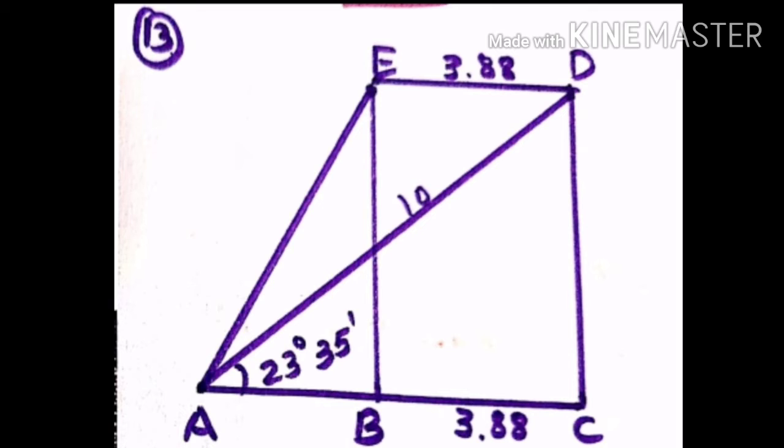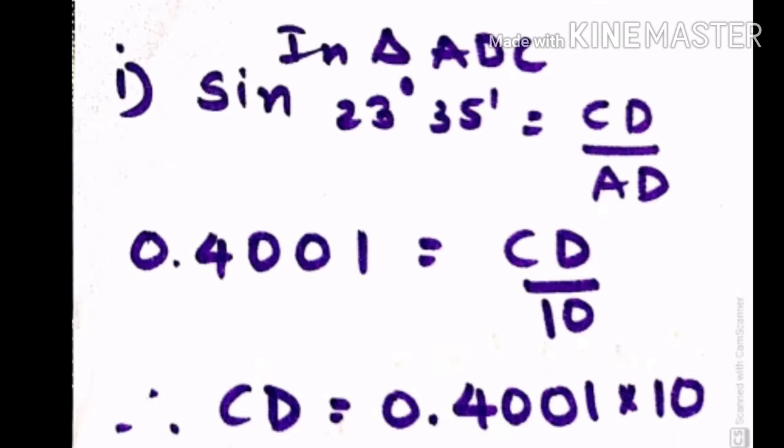So first we need the value of CD. So first you have to think, in triangle ADC, how can you get the value of CD. So let us see in triangle ADC. Just check your ADC triangle. I am taking the sine ratio, sine 23 degree 35 minute. Sine means opposite side upon hypotenuse.